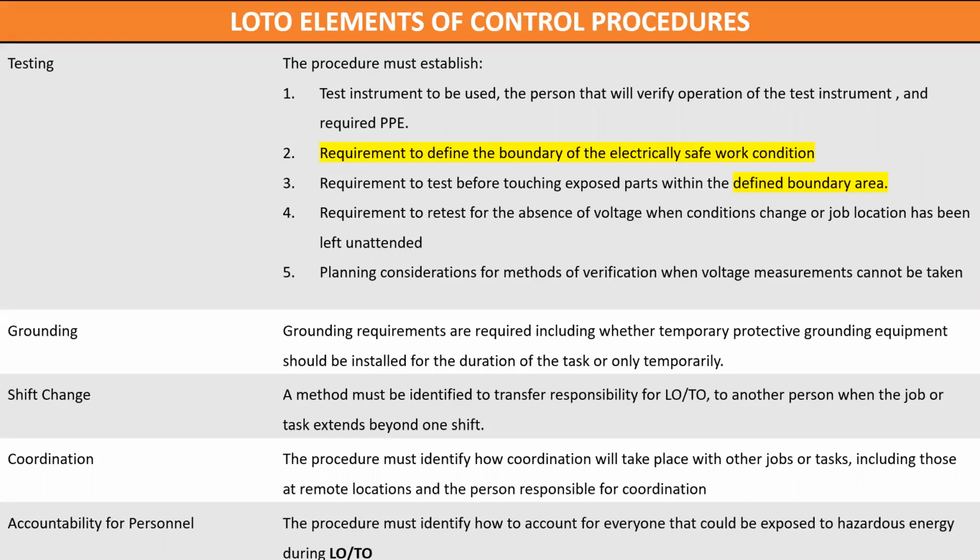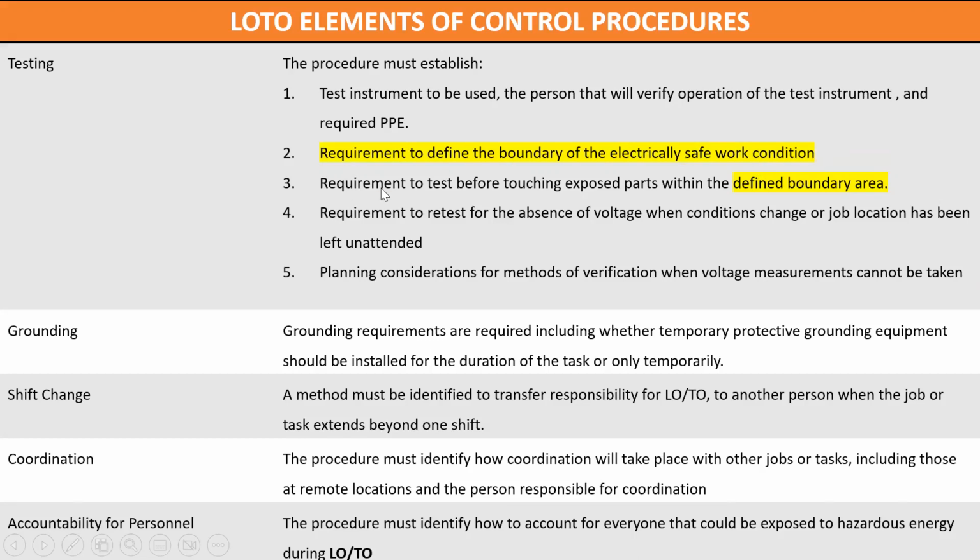So I will be establishing the electrically safe work condition boundary as well, in order to make it clear that only this particular transformer A is under electrically safe work condition. Other transformers are energized and live.